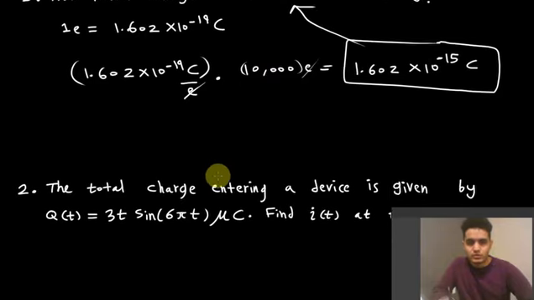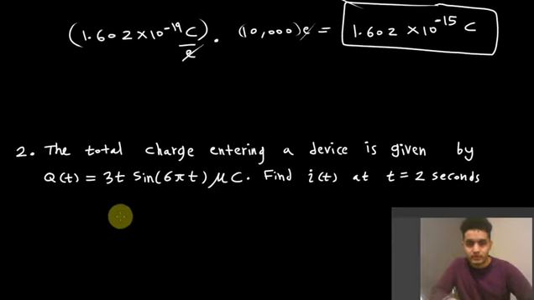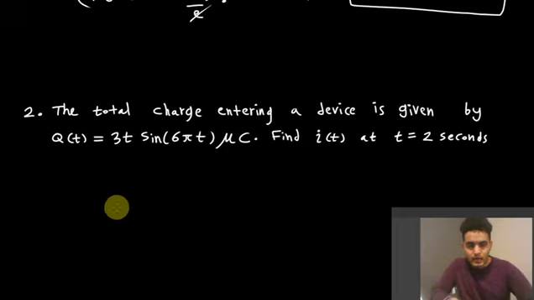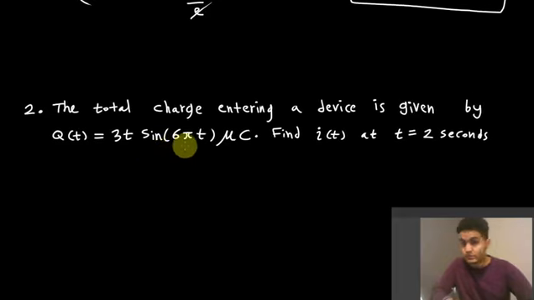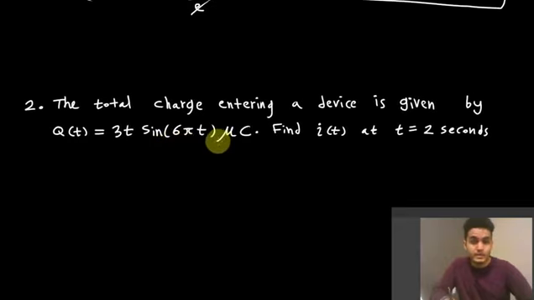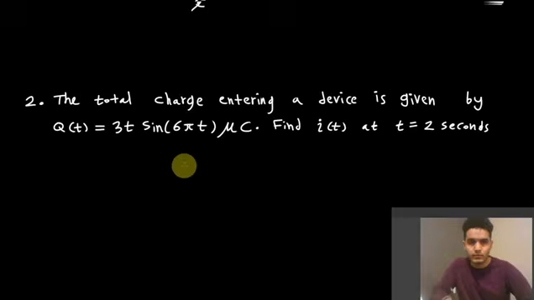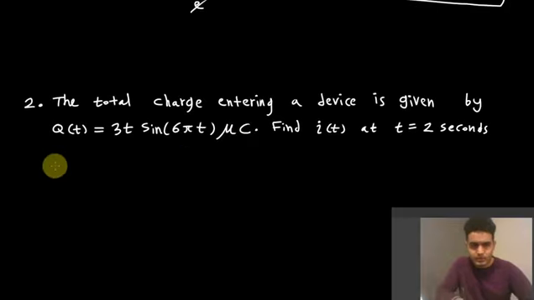Now the next question is the total charge entering a device is given by this function. So now this is a periodic trigonometric function, so that's how we know that it's going to be an AC current that we're going to be dealing with. So if you remember the definition, the alternating current is given by the derivative of charge.